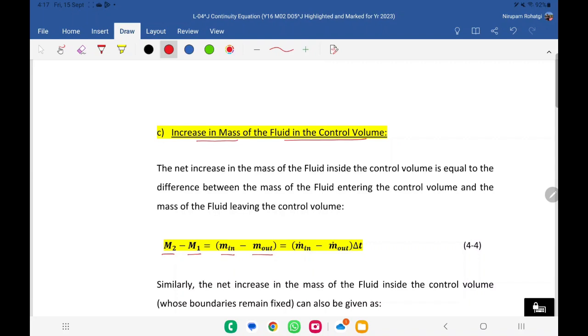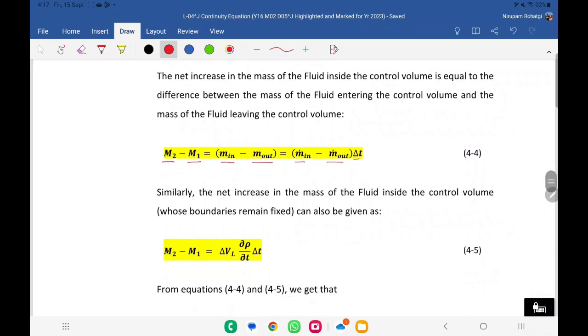Whatever is going in is increasing the mass, what is going out is decreasing the mass. So it will be M in minus M out. You can also write M in dot minus M out dot into delta t, because the duration will be the same for both the things.